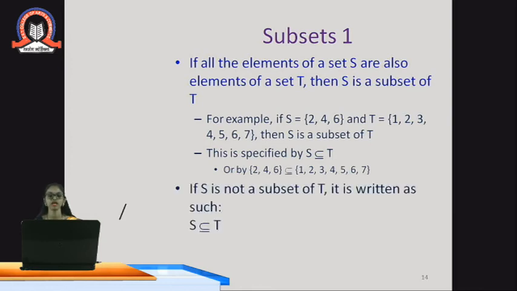If S is not a subset of T, then it is written as S is not a subset of T.